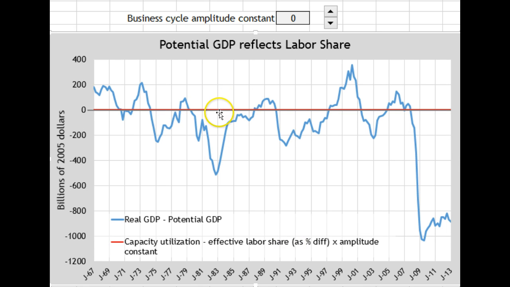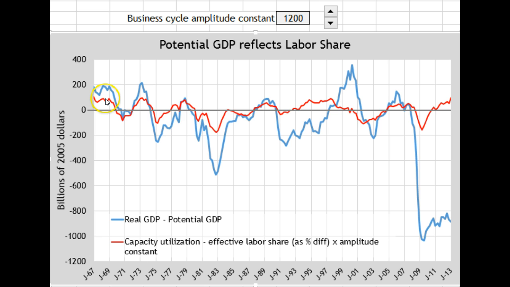Okay, so now let's go ahead and start raising the amplitude of the difference between capacity utilization and effective labor share. You can see that it's growing as I'm adding billions of dollars to this amplitude constant. So let's just stop right here.